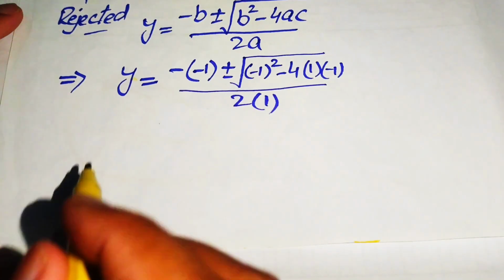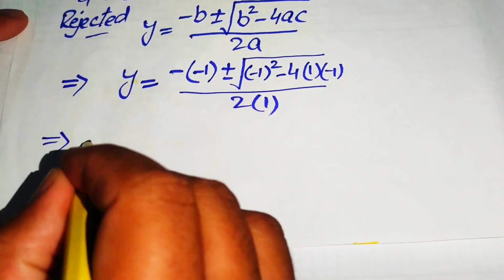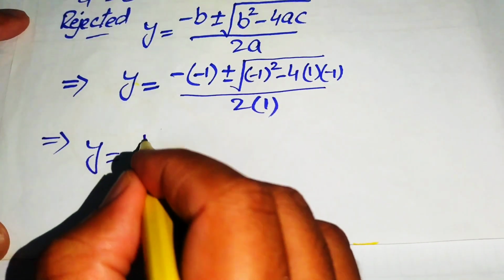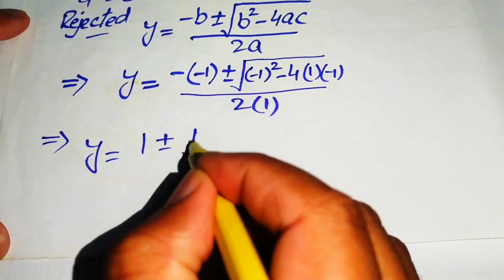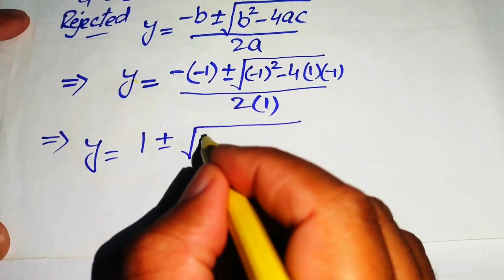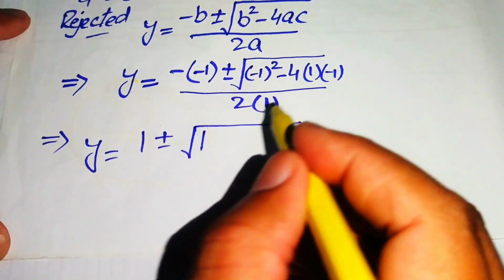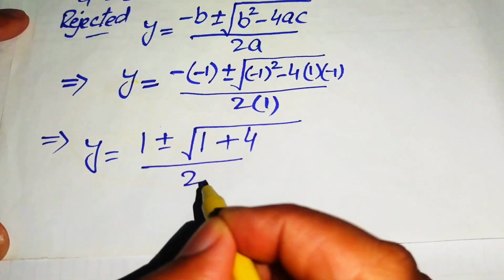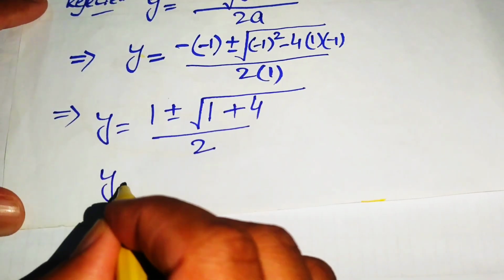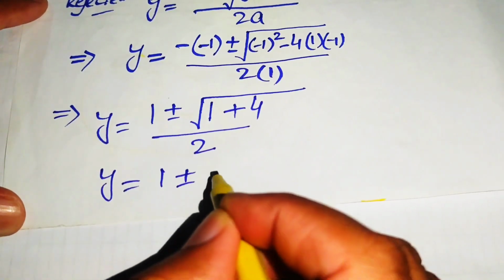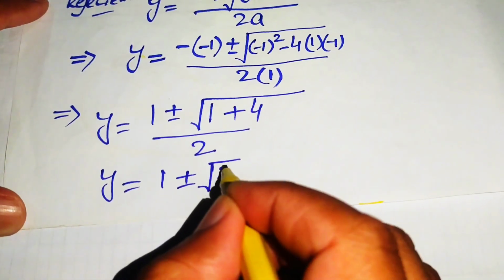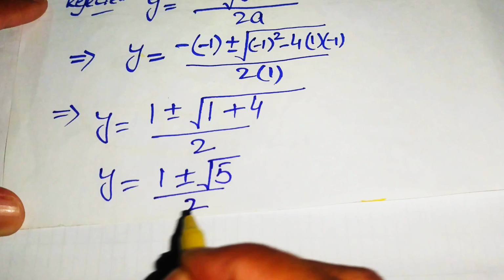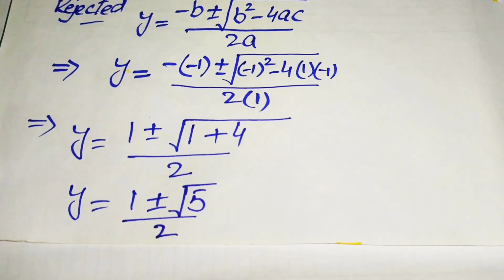So here we need some simplifications, and we write y equals 1 plus minus square root of minus 1 squared becomes plus 1, and minus times minus becomes plus 4, divided by 2. So it will be written as y equals 1 plus minus square root of 5 divided by 2.